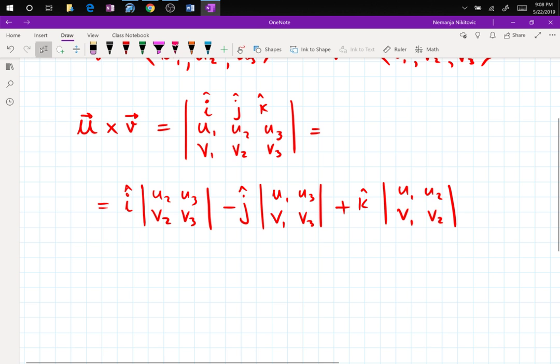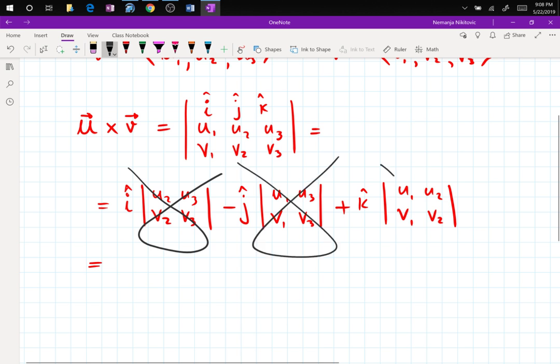All right, so now we need to solve the determinant of each of these matrices. The way we calculate those, you multiply diagonals and then subtract them.